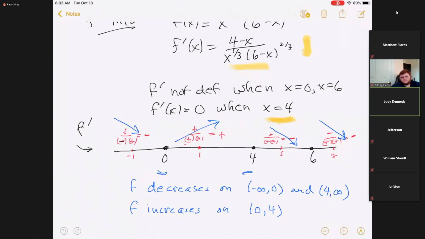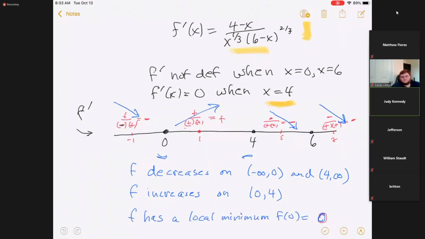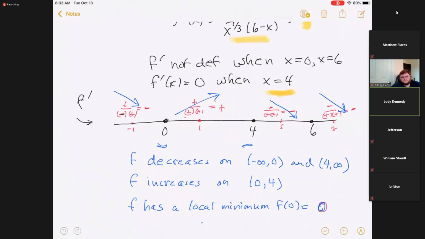Looking at a number in each interval, f prime is negative on the interval from minus infinity to 0, so f is decreasing there. It's also negative on the intervals from 4 to 6 and 6 to infinity, so it's decreasing on all of 4 to infinity. It's increasing on the interval 0 to 4.